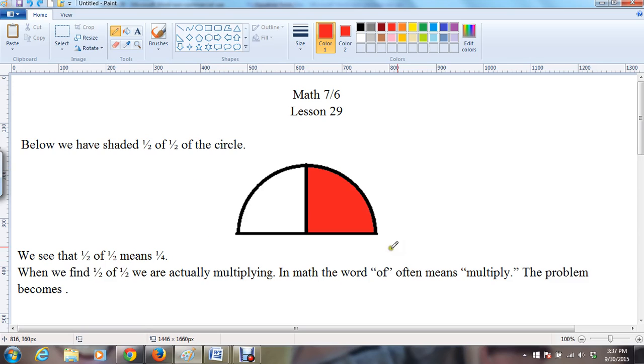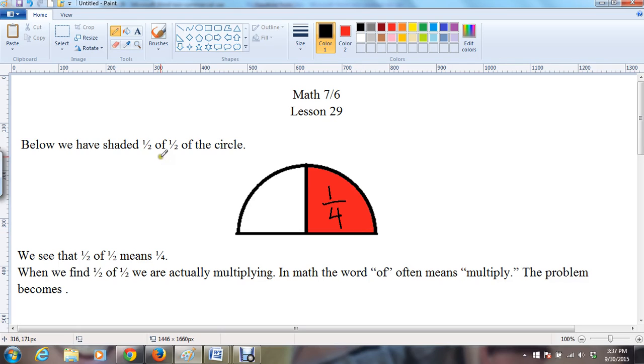In this picture here, I've got a circle, and I have cut it in half and shaded half of the half. So I shaded half of half, and that gives me 1/4. You can see that this is 1/4 of the circle. So when I took half of 1/2, I got 1/4.